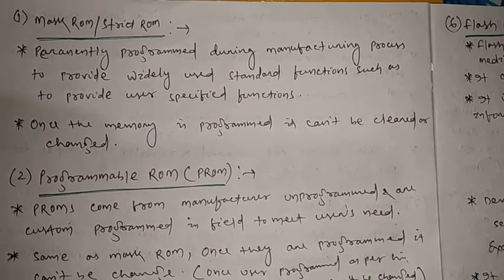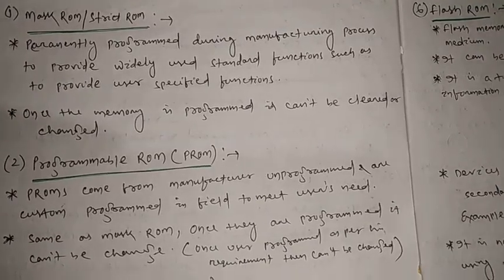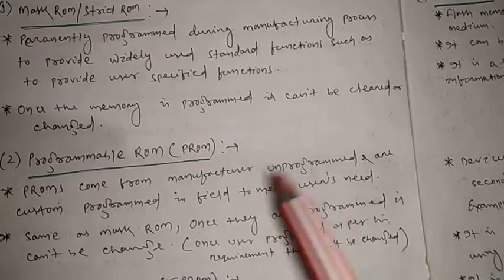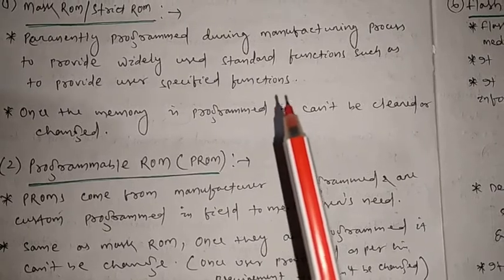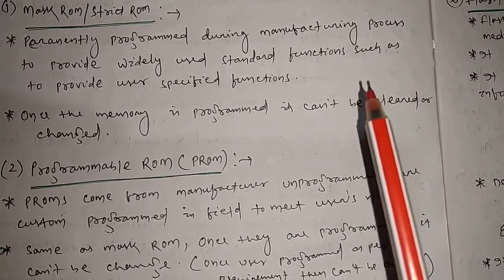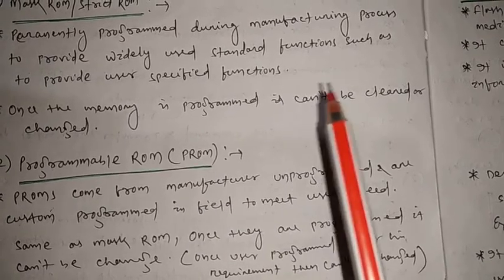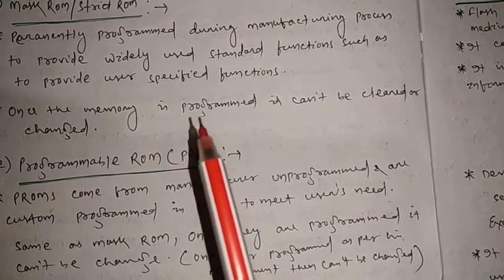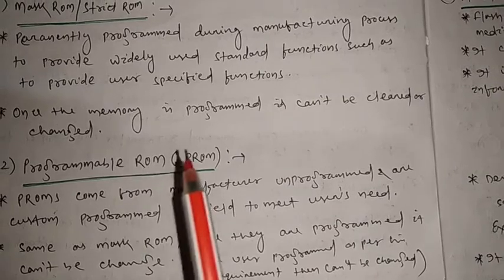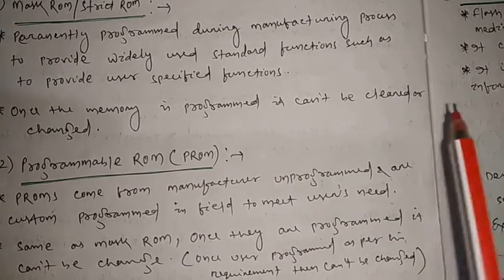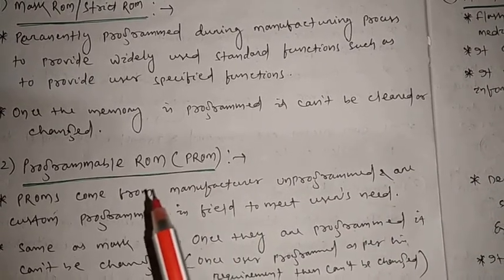So next is a mask ROM, or you can say strict ROM. Strict ROM is permanently programmed during the manufacturing process to provide widely used standard functions, such as to provide user specified functions. Once the memory is programmed, it cannot be cleared or changed.